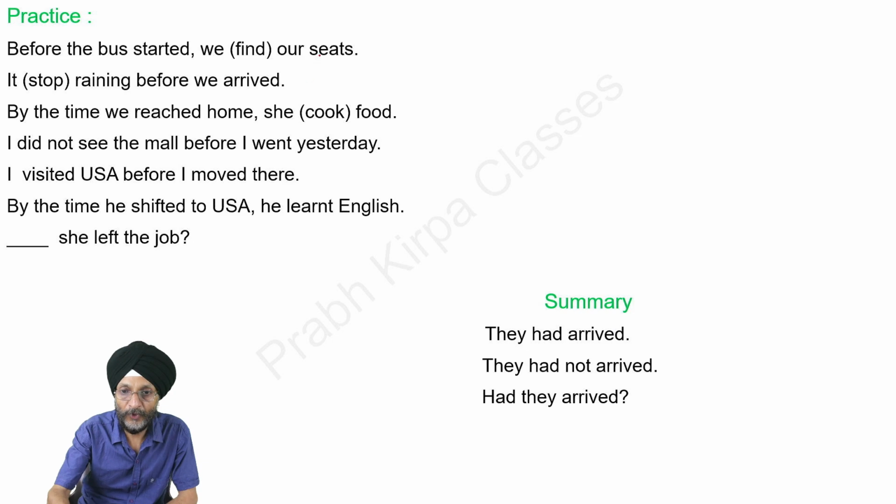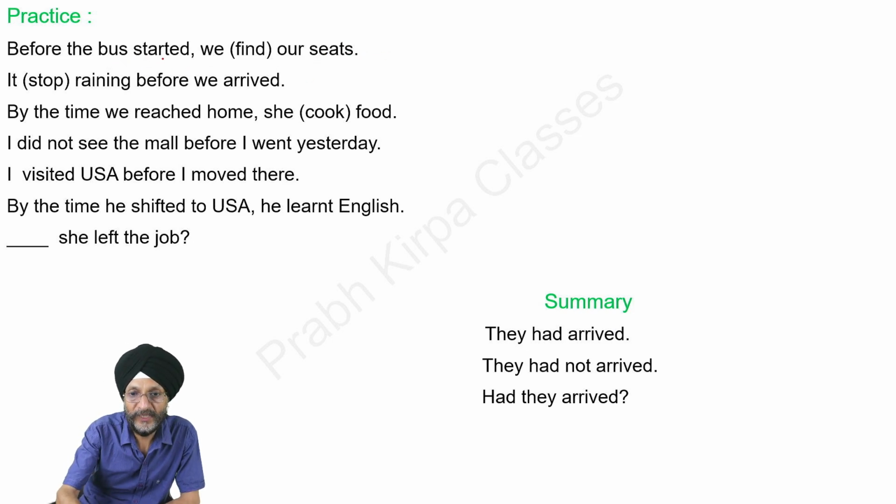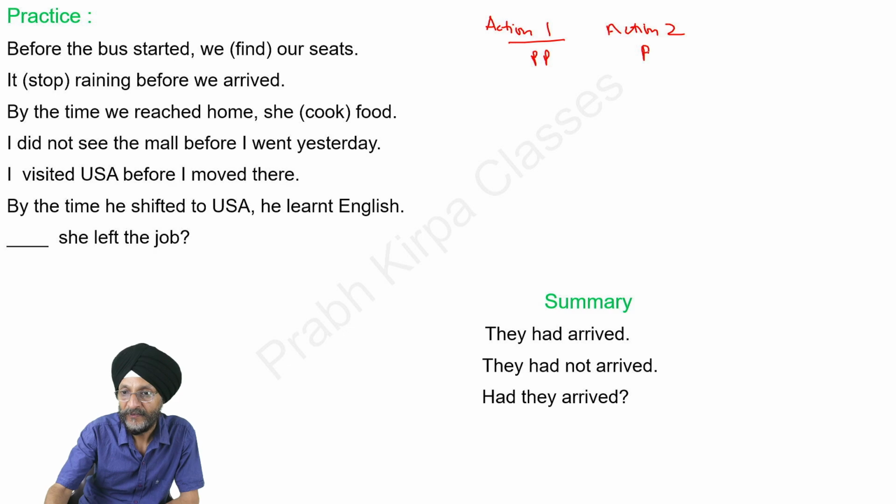Practice. We do some practice. Before the bus started, we find our seats. As already told, the action which happened earlier has to be in past perfect, and the action which happened later on has to be in past simple form.